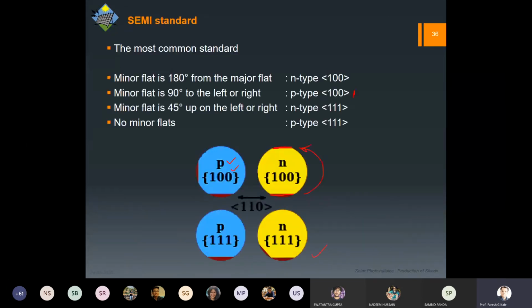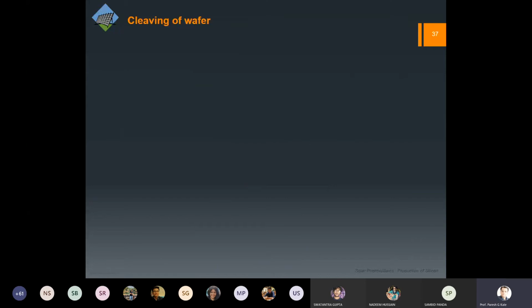Now, for devices, normally we use large wafers. For solar cells, because it is related to area, we want to receive more photons so that we can convert them. So obviously a larger wafer is good for us. But in labs especially, we don't want to waste so much large wafer.